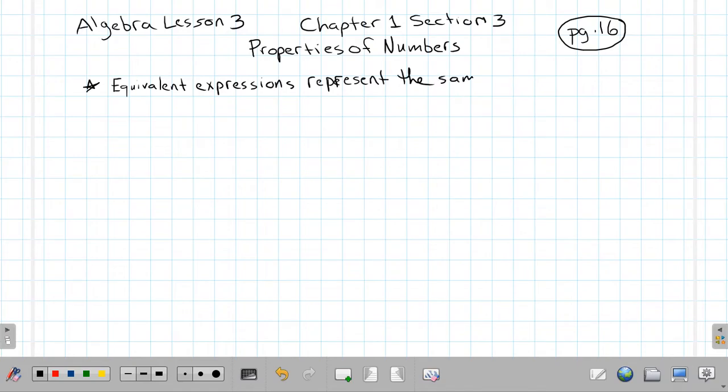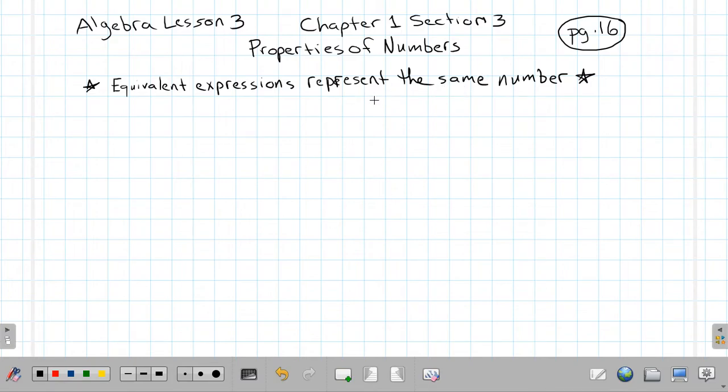So what we mean by that is all these expressions that we've talked about before in sections 1 and 2, if they are equal, so that's what the word equivalent means, if they are equal, that means they are the same number, okay? So each side is equal, meaning that they are the same number. They represent the same number or value, okay?